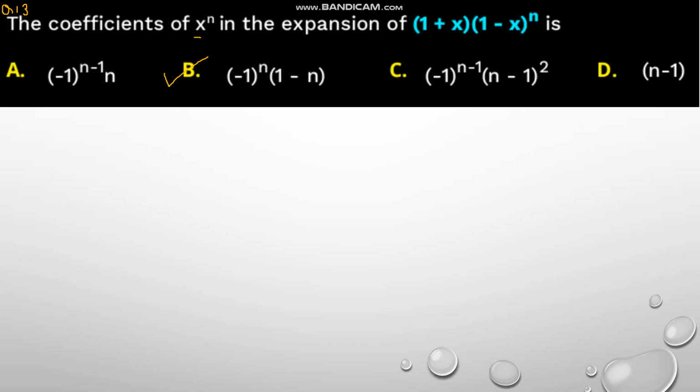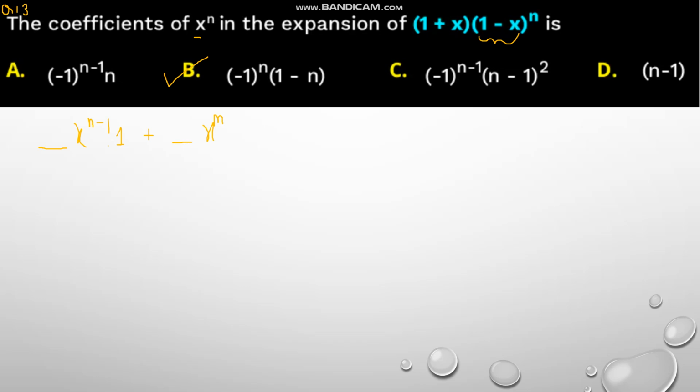We need the coefficient of x to the power n minus 1 multiplied by 1, plus the coefficient of x to the power n multiplied by another one. This is the process here.